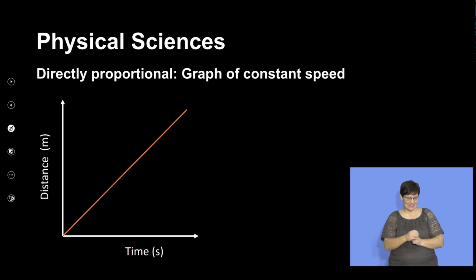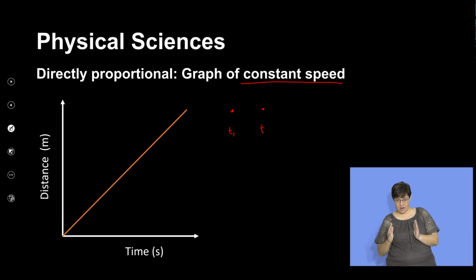So let's take a very simple example that everyone is familiar with, an object moving at constant speed. When an object moves at constant speed, I'm going to just illustrate what that looks like. If that's the starting point, the initial point where we start the clock, and we say time equals 1, then after a certain amount of time, that's time equals 2, what we're going to find is the object has moved.